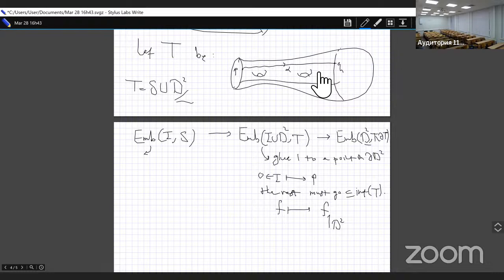In the space on the right, you consider embeddings into T minus the boundary. The boundary is only here. And these are just embedded paths.